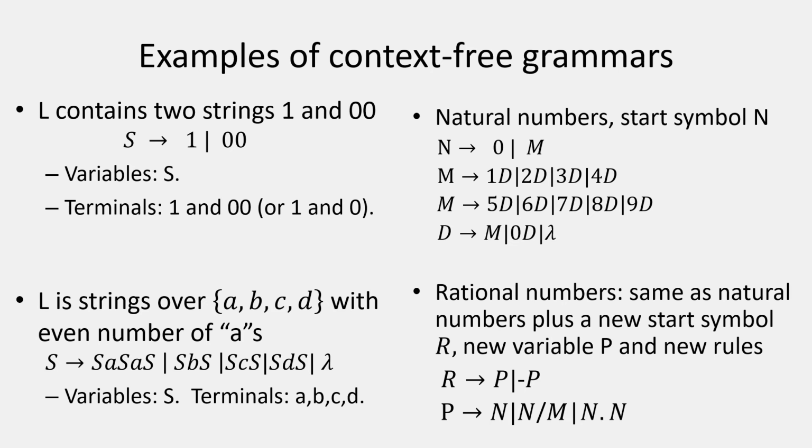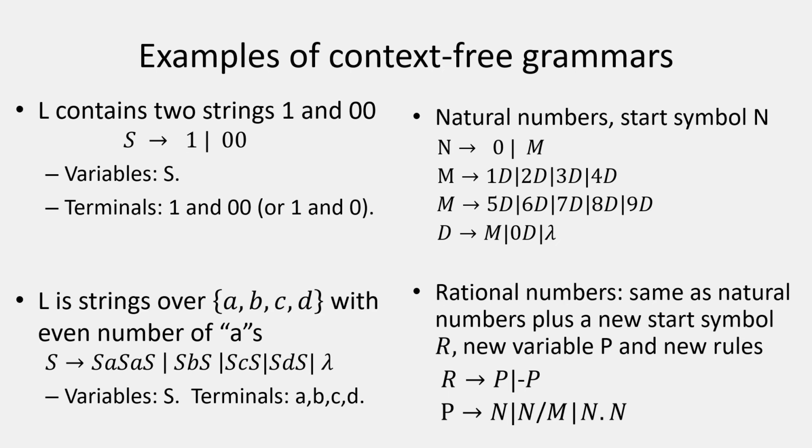So you always need to make sure that as you keep applying the rules, eventually you have a way to stop. So let me just say one more time what the meaning of those three variables are. N tells you that it's either 0 or a number that starts with some digit other than 0. D can open up into any sequence of digits including a 0, or it can go to the empty string.